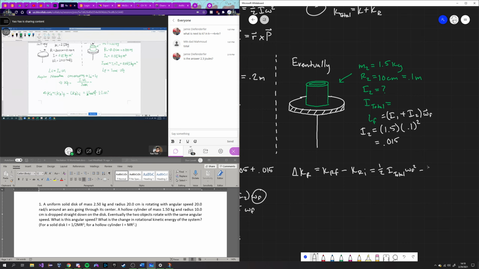Yes, it's 2.3 joule, but you will get a negative 2.3 joule because that will be a decrease in the kinetic energy, right?